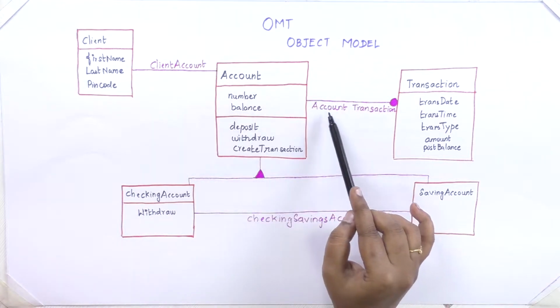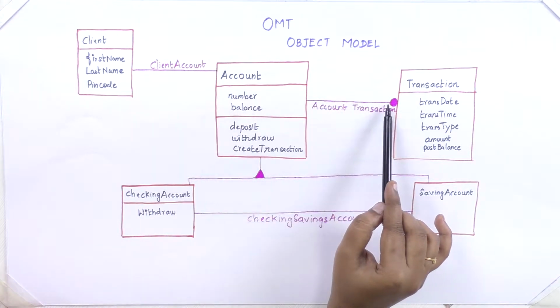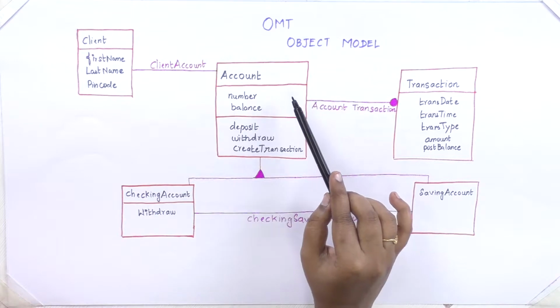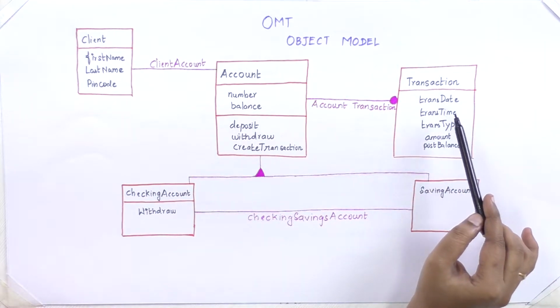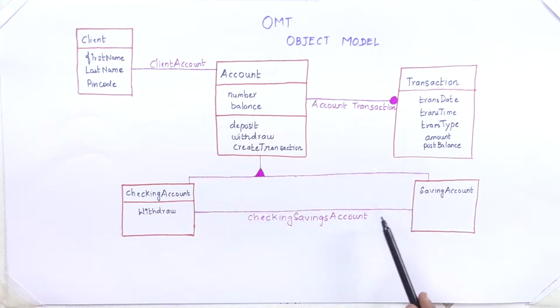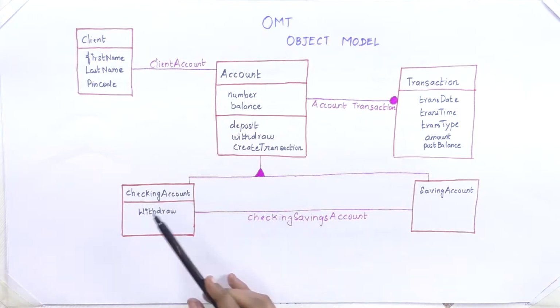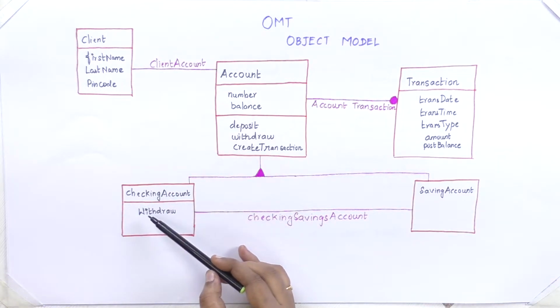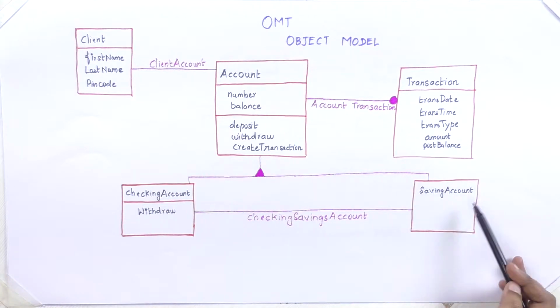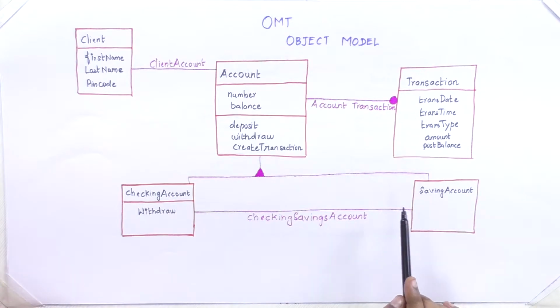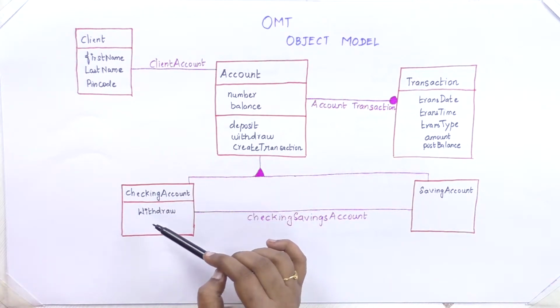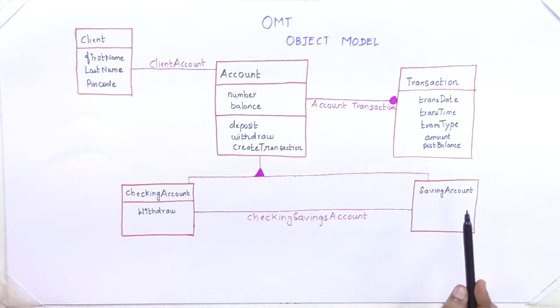The account transaction association line represents the communication of objects of the account class with the objects of the transaction class. Similarly, you have another association line called checking savings account, which represents the communication of objects from the checking account class to the savings account class. So these lines show the communication of objects of one class to the objects of another class.